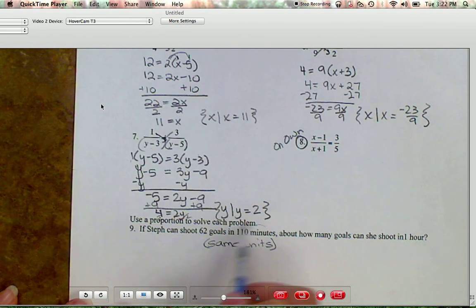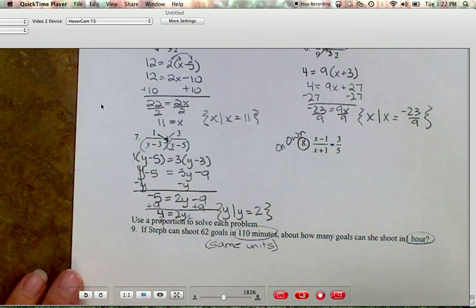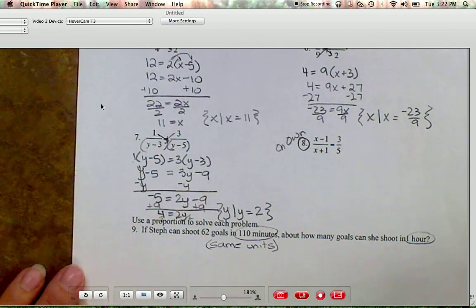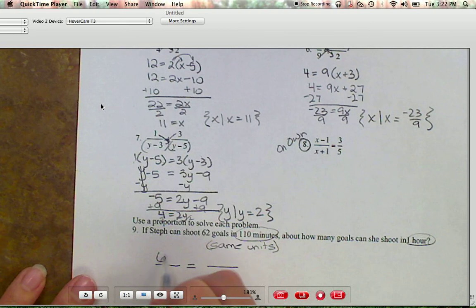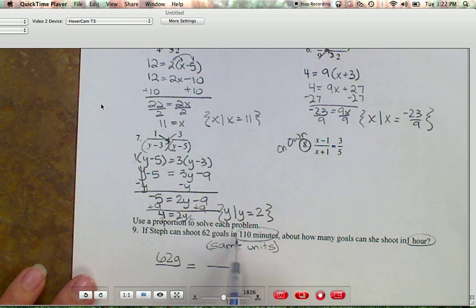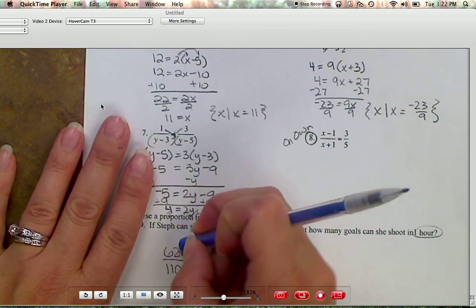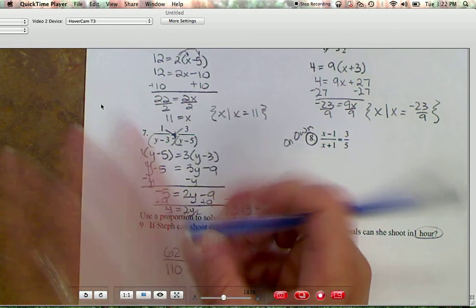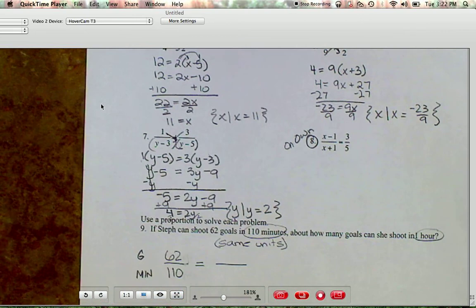So this one's in minutes, this one's in hours, and you need to convert to the same. All right? So what we'll do is we'll set up a proportion. Steph can shoot 62 goals, 62G, in 110 minutes. Now, this might be better if you write over here goals and minutes. So you're labeling your units.